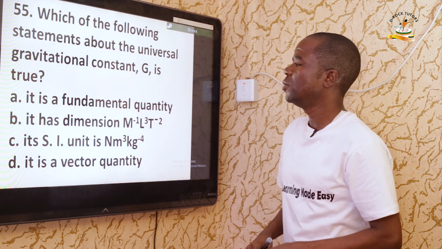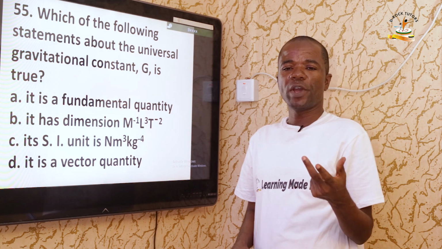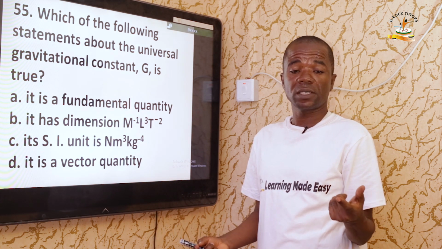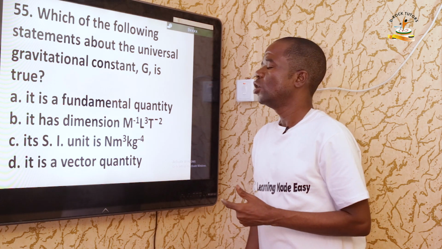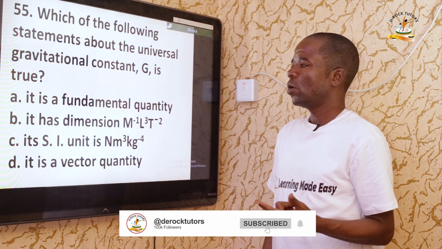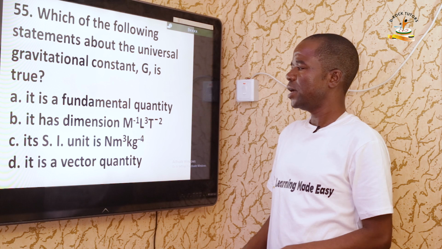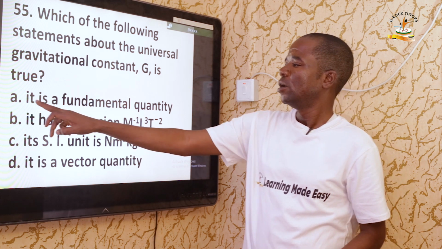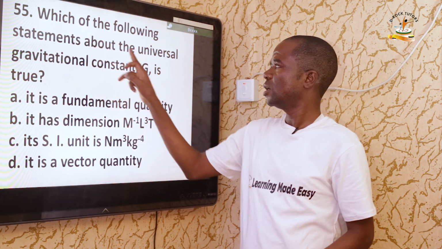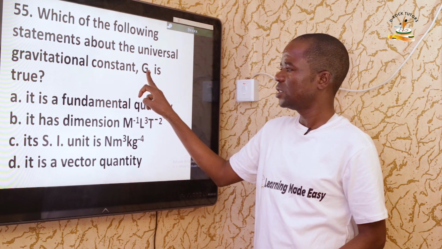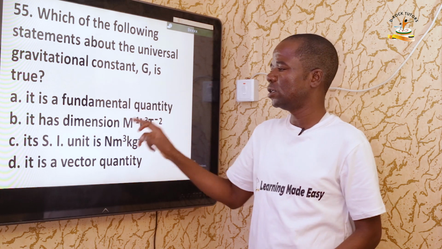We have the mass, measured in kilogram. We have the time, measured in seconds. We have the mole, that's another one. We also have candela and the rest of them. So A is definitely not correct, because the universal gravitational constant is not a fundamental quantity.